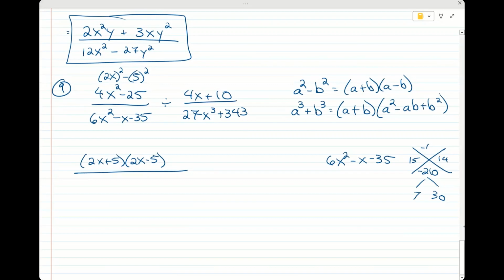All right, so 15 and 14. So if we go ahead and factor this, 6x squared plus 14x minus 15x minus 35. And if we cut it down the middle, we could go ahead and take out a 2x and we're left with 3x plus 7. If we take out a -5, we're left with 3x plus 7. So this factors to be 3x plus 7 times 2x minus 5.